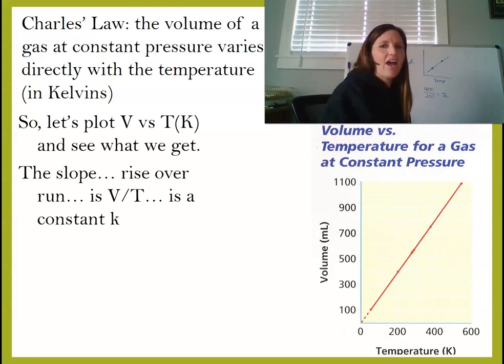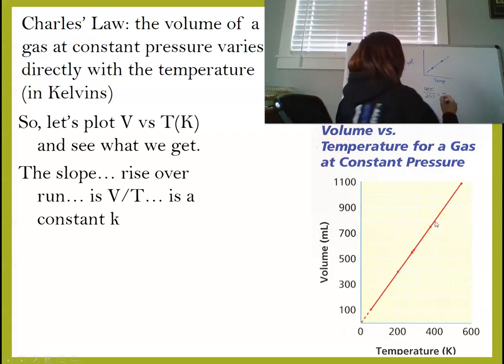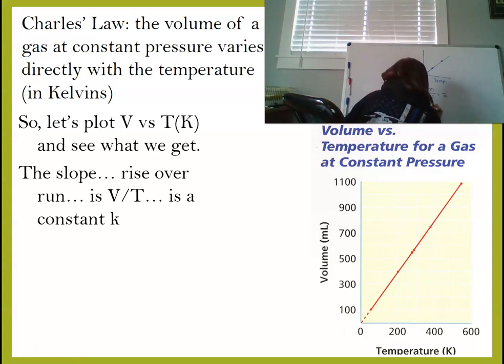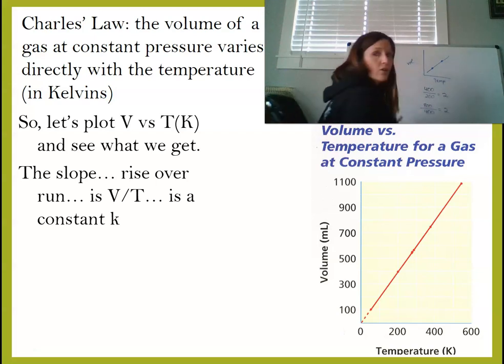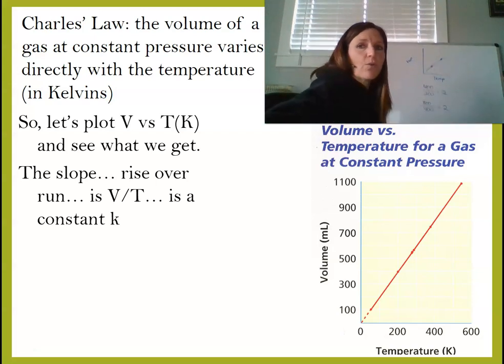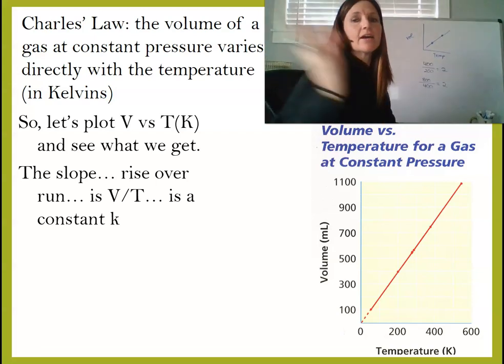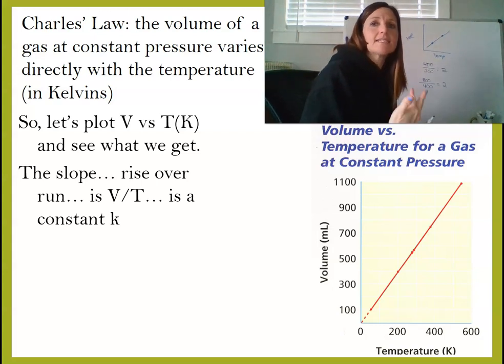Okay, good. Then if we take another point along here somewhere, if we went up to 400 here, we would have 800 as our rise, and we would be dividing that by 400, which would be our temperature. So 800 divided by 400 also equals 2.